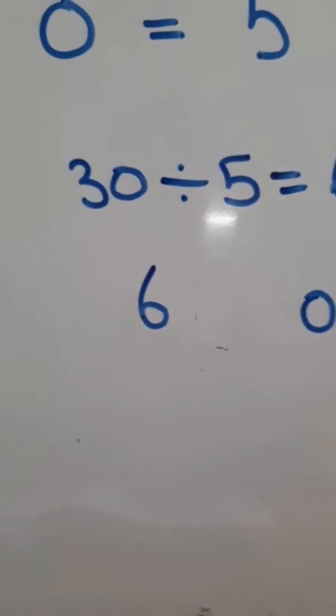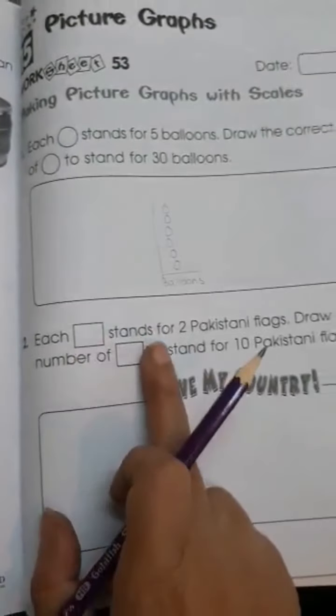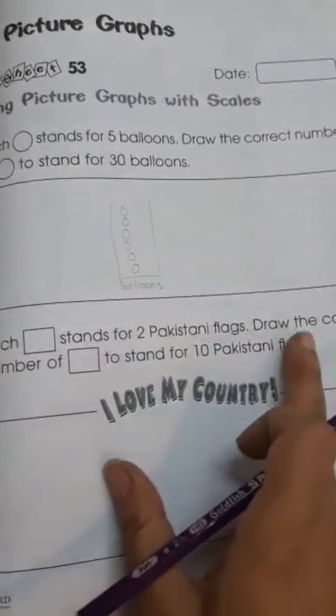Okay. And we said how many circles do we need? 6. So 1, 2, 3, 4, 5, 6. Now, if we count by fives, you guys, 5, 10, 15, 20, 25, 30. So yes, is that the number of balloons that we had? Yes, it is.